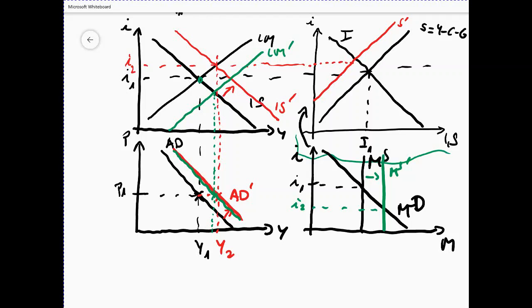But actually the source of these changes was different, because in the first case we had a fiscal expansion, and with the green line, the second case, we had a monetary expansion. Nevertheless, the effect remained basically in the ASAD system the same. So as a next step, we will look at the supply curves in this economy.